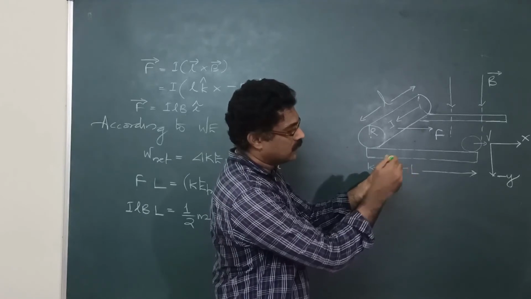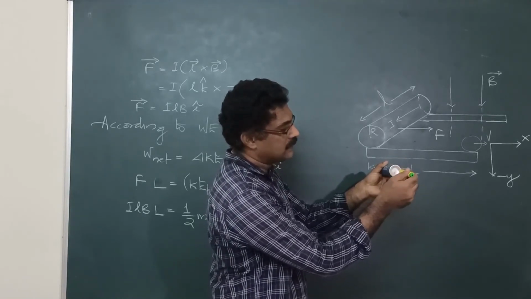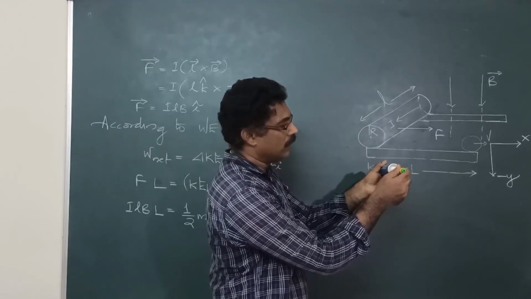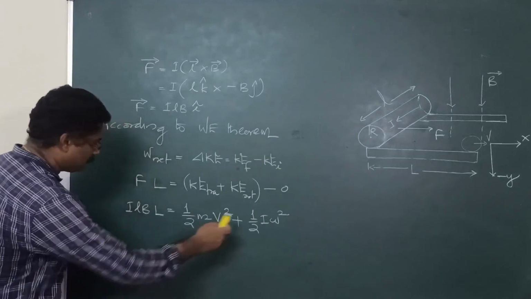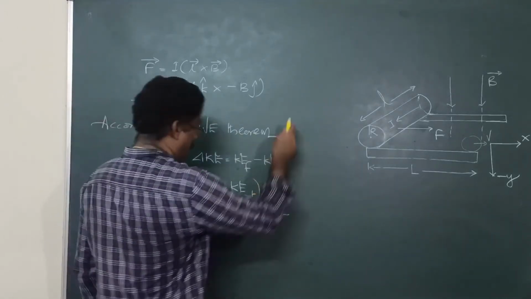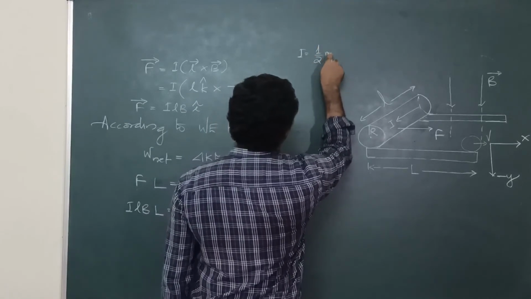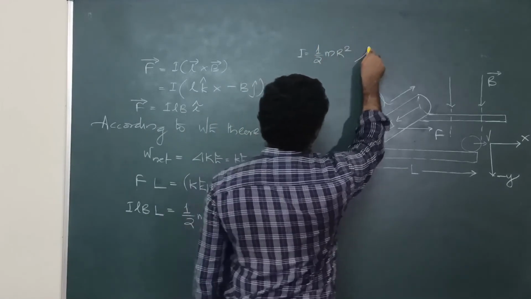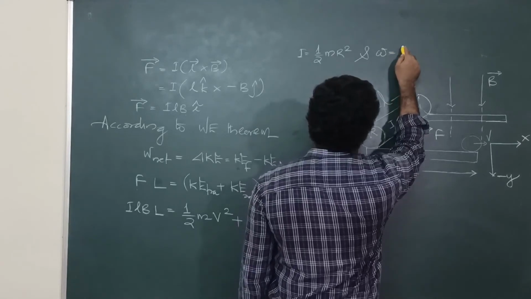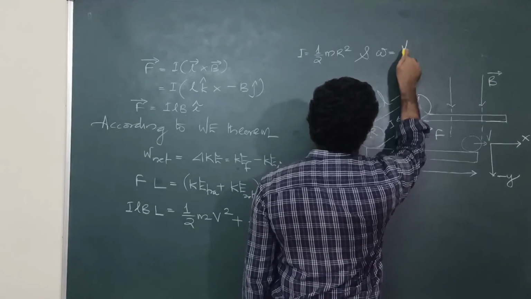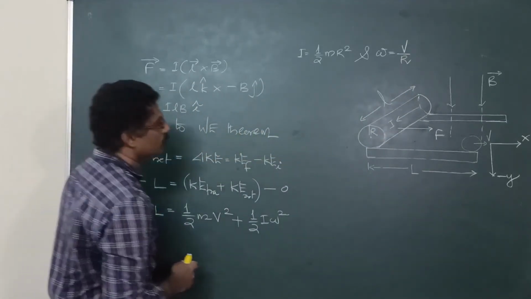In the case of a cylinder, the moment of inertia about this axis is half mr square. So you can substitute half mr square here. The moment of inertia in this case is half mr square. And angular velocity in terms of linear velocity is omega equal to v by r.